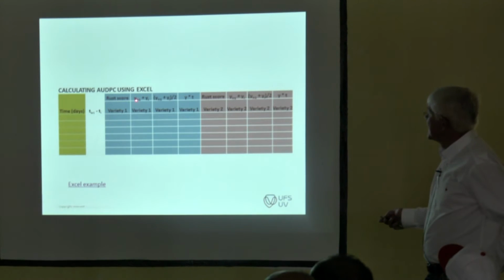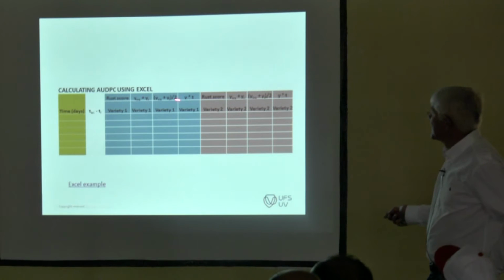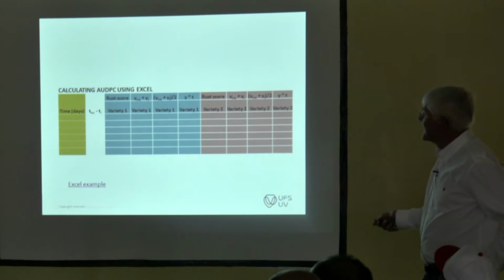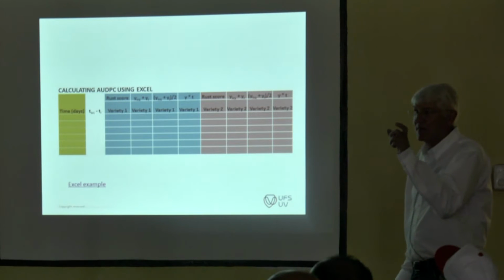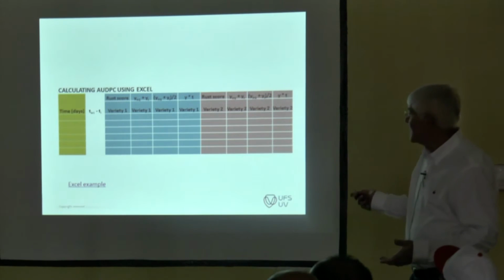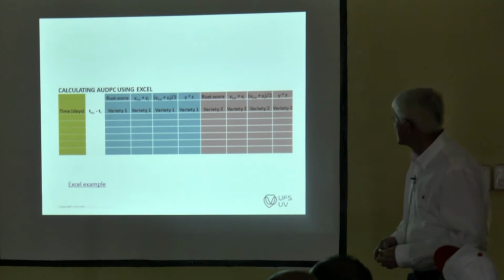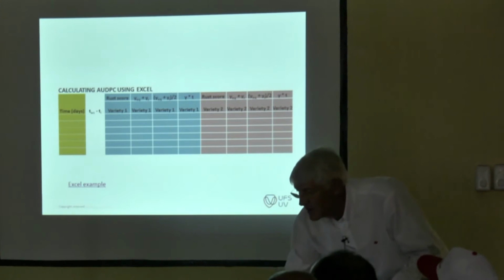You have then, just to set up the calculation, you have to add the 2 scores. Then you have another column where you divide the 2 scores by 2, and another one where you then multiply that product with delta T. I suppose you can do all that in one cell if you can program it. Just for explanation purposes, I've got it in different columns. So let's look at Excel.